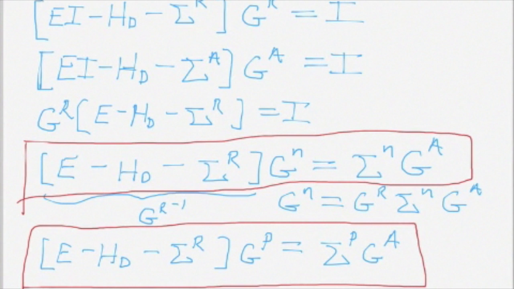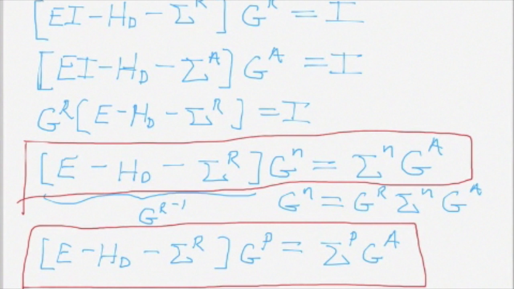A green function equation looks like this: something hitting your green function gives you the identity matrix, which is like a delta function if you're working in continuum representation. What the right-hand side is, is what people call your source term.